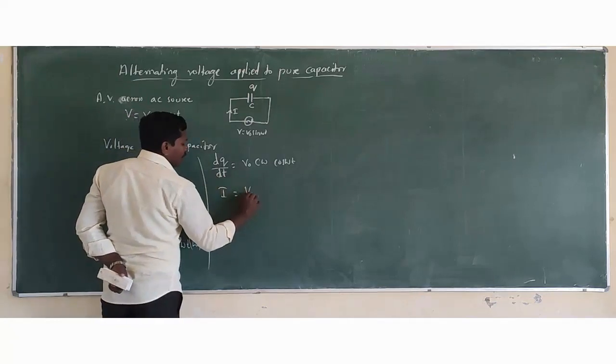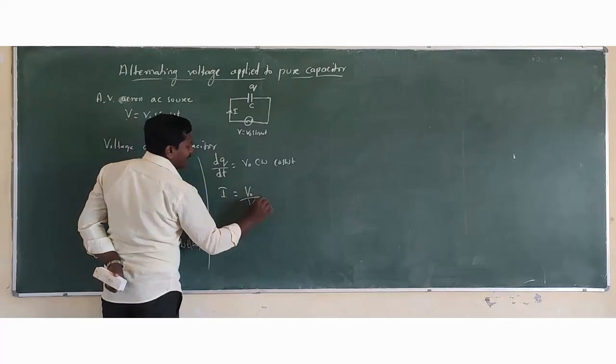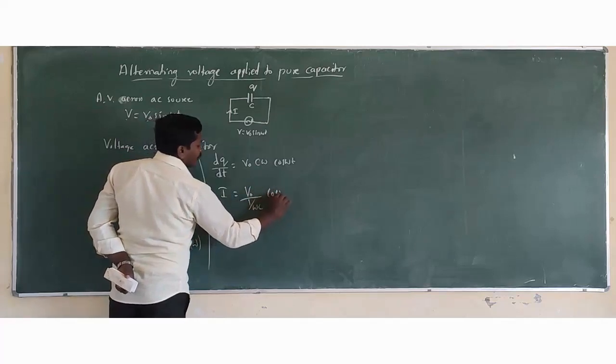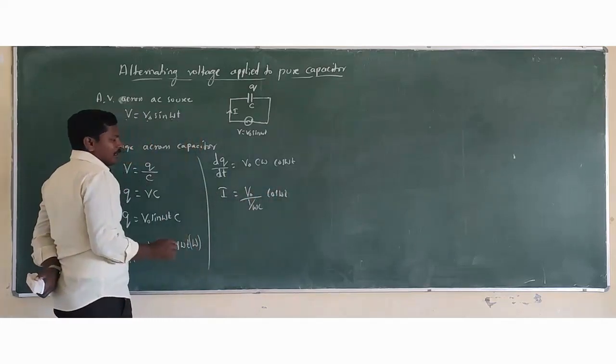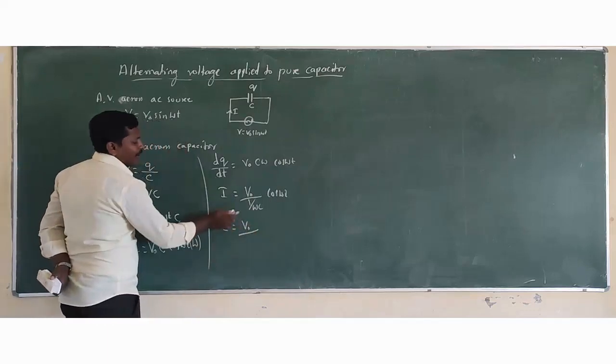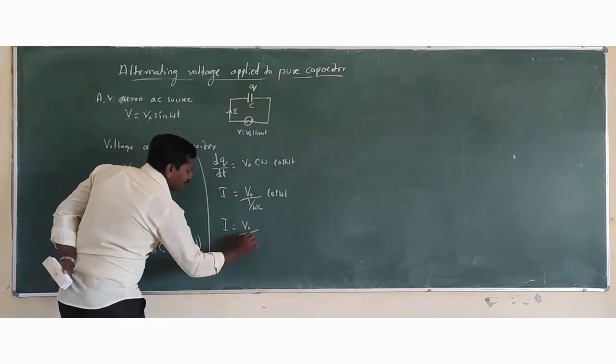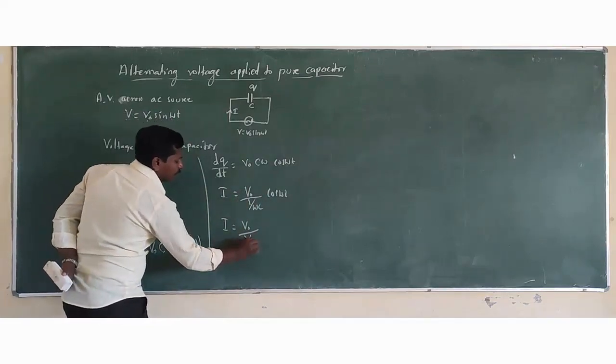Here I is equal to V naught divided by 1 over omega C into cos of omega t. Here 1 over omega C can also be written as chi C.